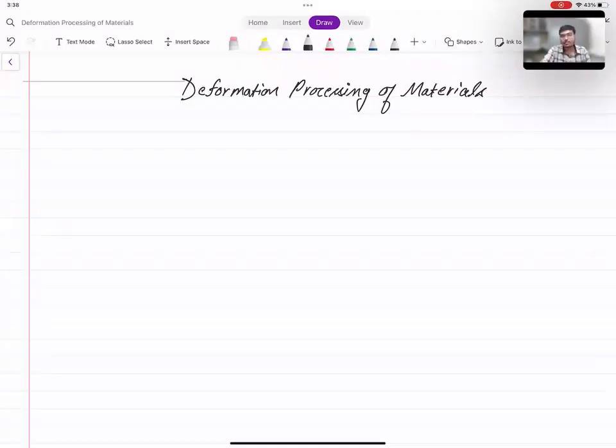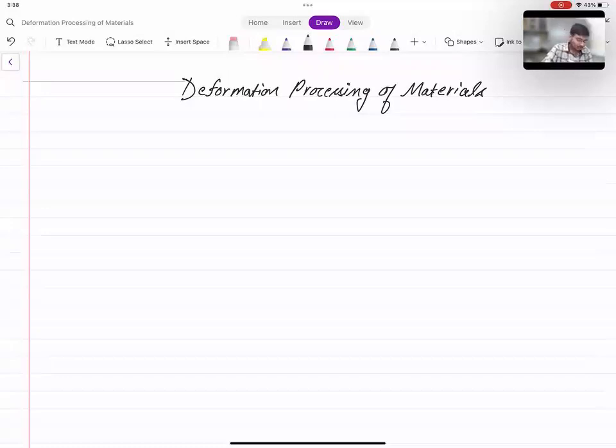We will see the fundamentals of various processes, the process parameters, and in many of the cases, which are the probable defects. So let me introduce you with the fundamental definitions of these deformation processing, or what basically the term deformation processing means.